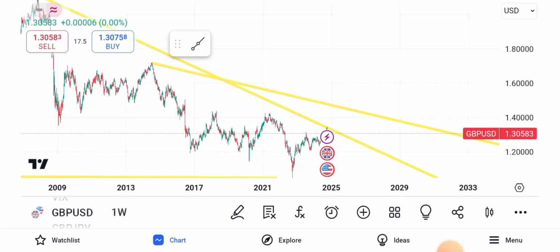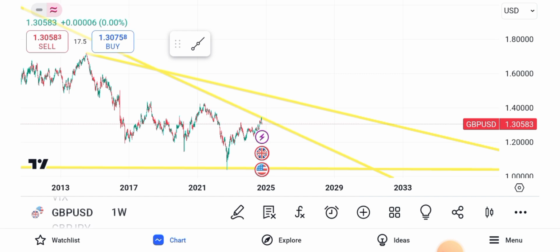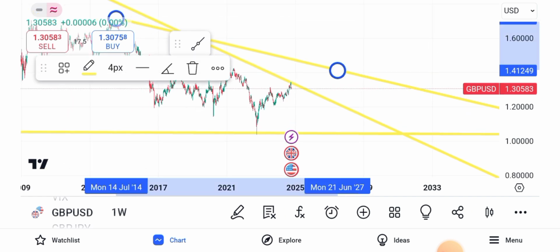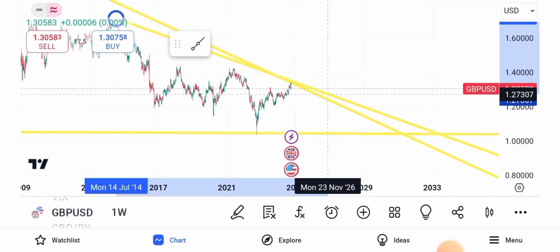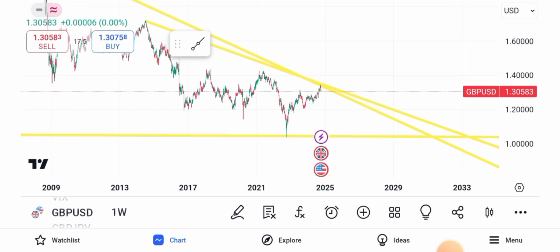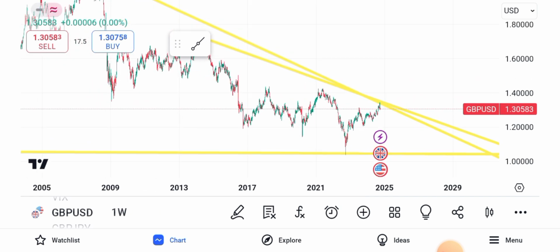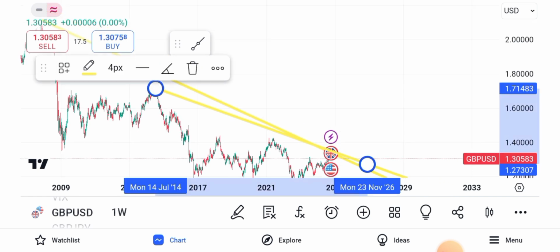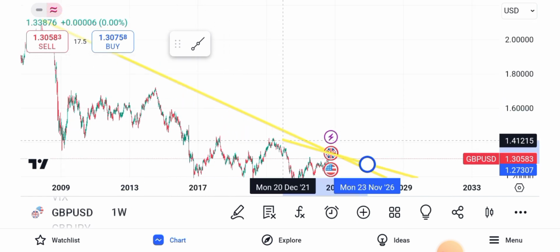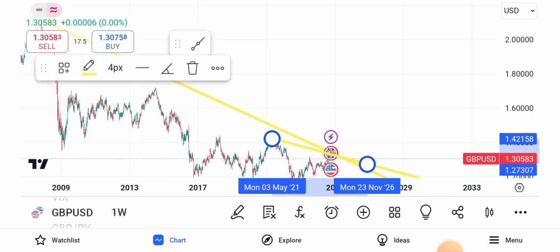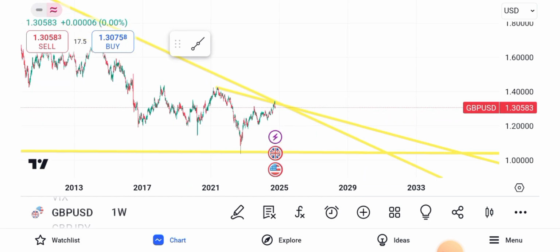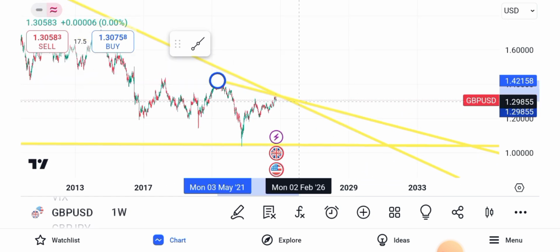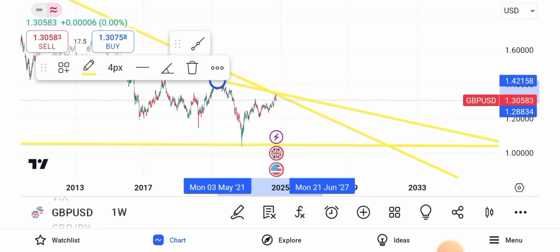Let me just rearrange it. Okay, to this point here. That's my second touch point there. Or if I want to go most recent, which is also best, you guys, most recent is best. So I can go there and say weekly. This is what has been happening. We were here and we are here now.